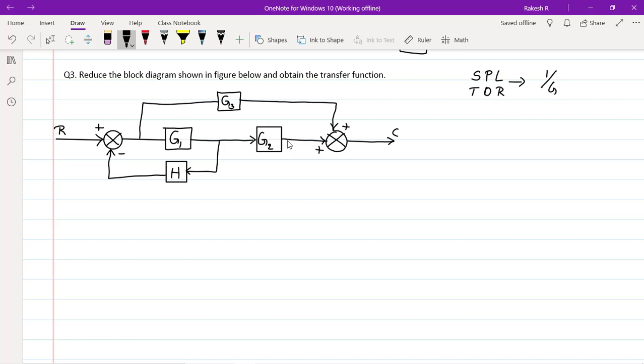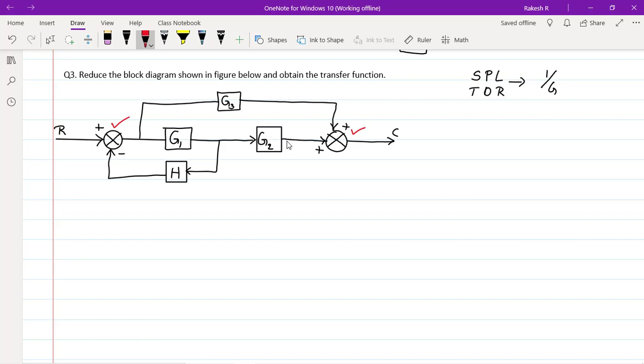Right. Now, first I shall move the summing point. We have a takeoff point at the start and a takeoff point at the end, and summing points in both cases. Moving the summing point towards the left, there should be a block to move it across. First I shall see this one.